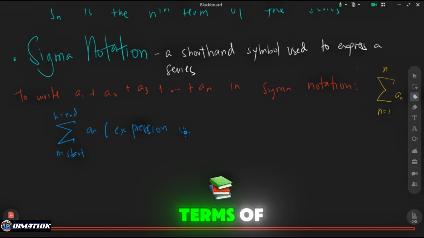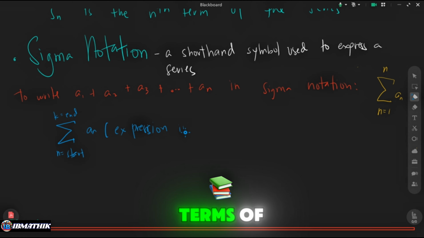Let's say we have 2 plus 4 plus 6 plus 8. That is a finite series. Why? Because we know that it has only 4 terms.